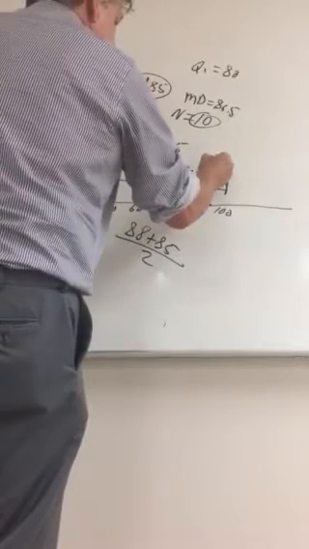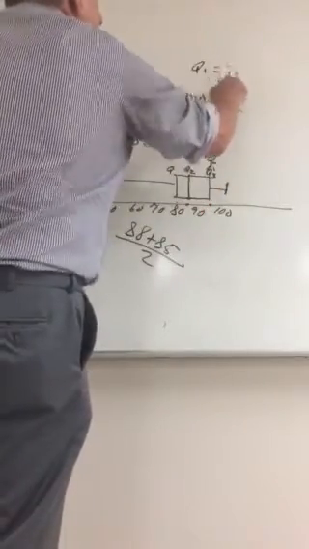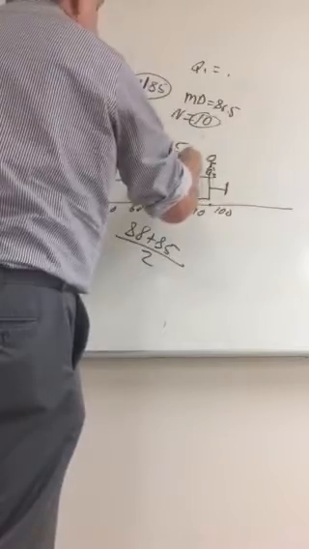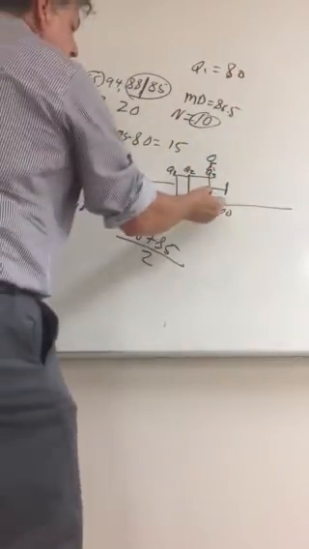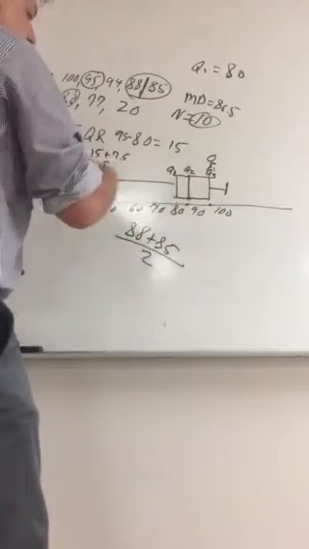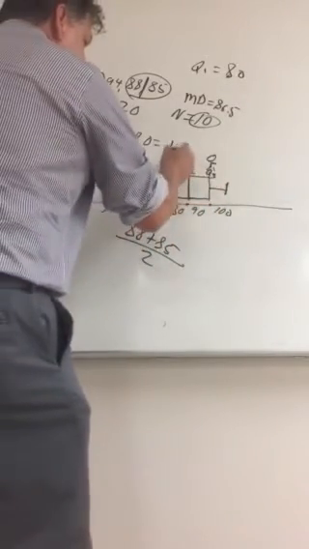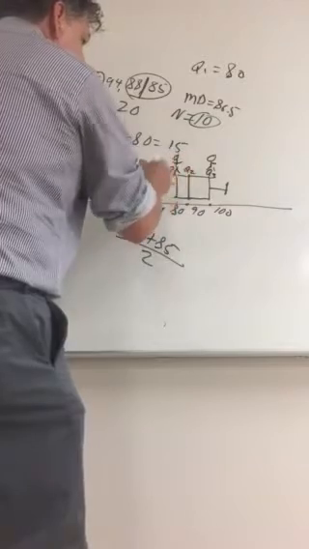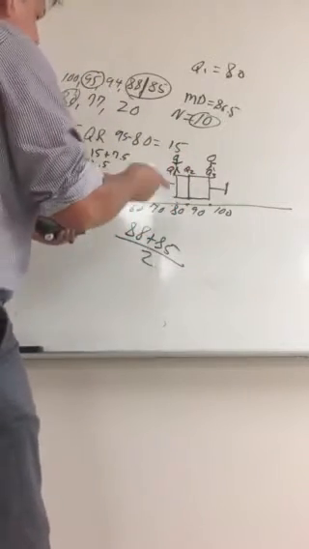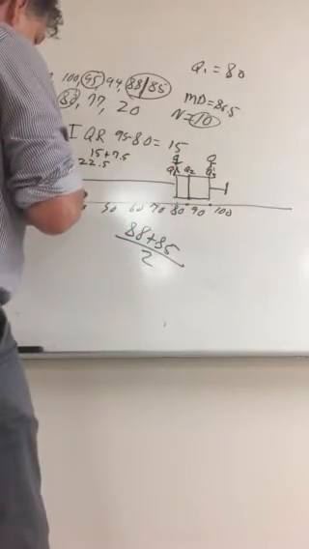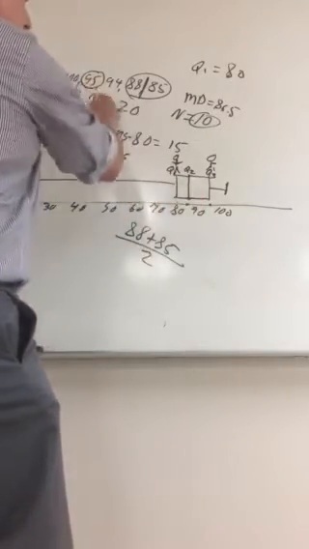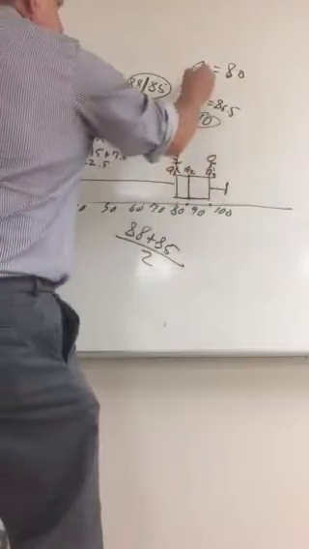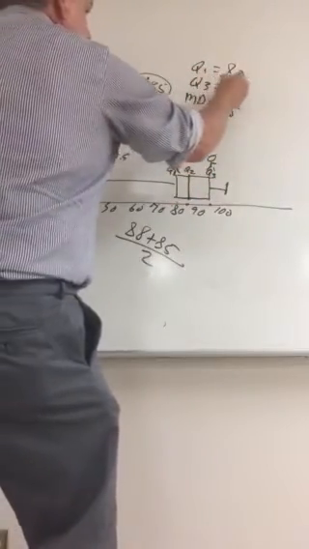So I'm going to stand at Q3. Q1 is actually 80, and I'm going to stand at Q3, which is 95. I'm going to add 22.5, so I've got Q3 equals 95.